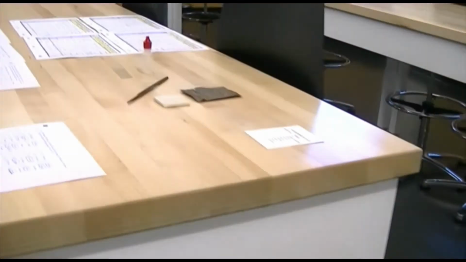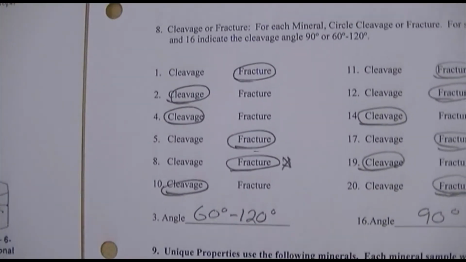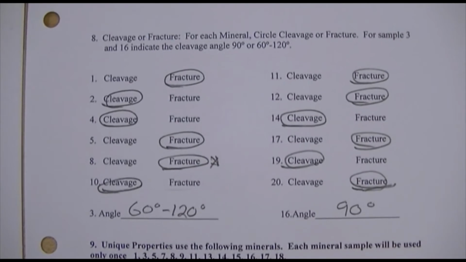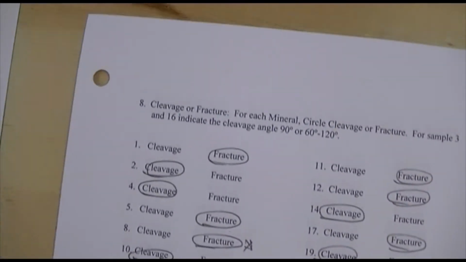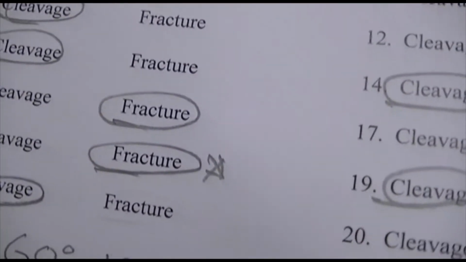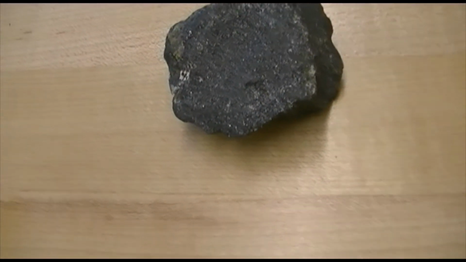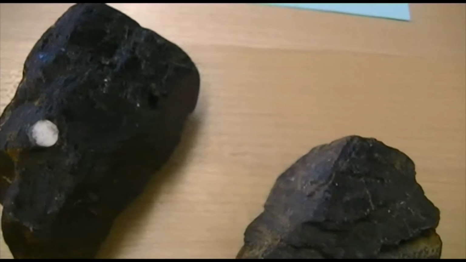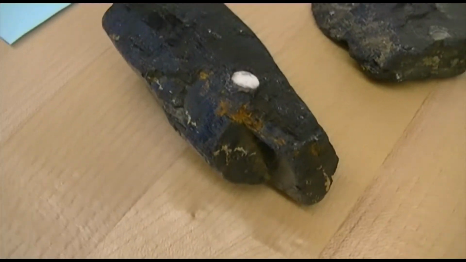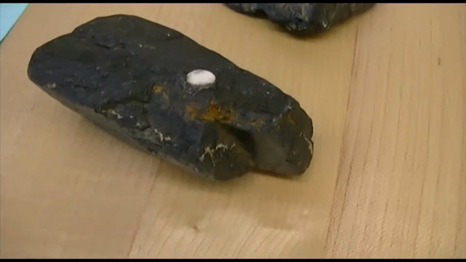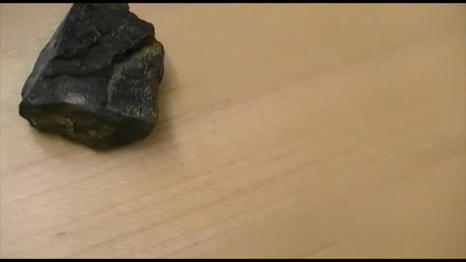The last two items we're going to look at today are cleavage. So I went ahead and circled all of the minerals that have cleavage. Let's go through our list here. Number 1, there's no cleavage to it. It's a fractured mineral. Number 2 does have cleavage. There are actually flat, shiny surfaces that form cleavage.